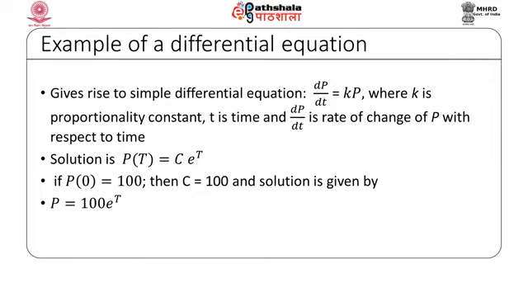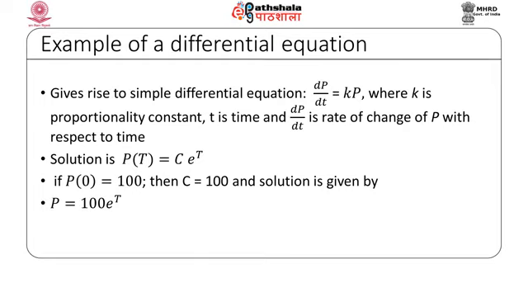This is a very simple differential equation and arises in many growth problems. The solution of this differential equation is that population P at time t is given by P(t) equals C times e raised to kt, where t is time.